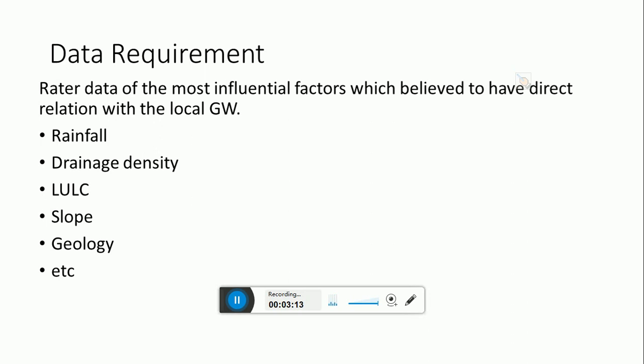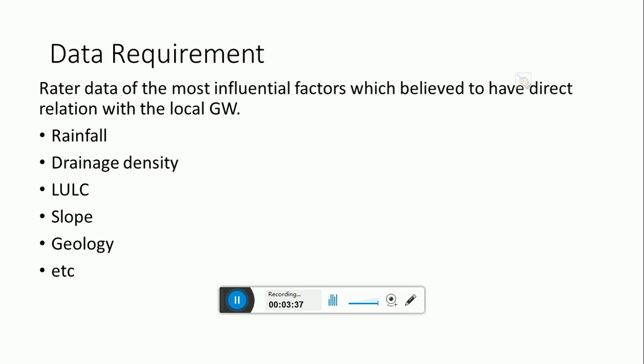So the factors that you consider for your groundwater potential zone analysis will depend on your experience of the site. It means the better you know the site, the better you decide which factor out of these you are going to use. So in different research, when you read articles, you can see some articles used 5 factors, the other 6, the other 7, and some of them maybe 4.